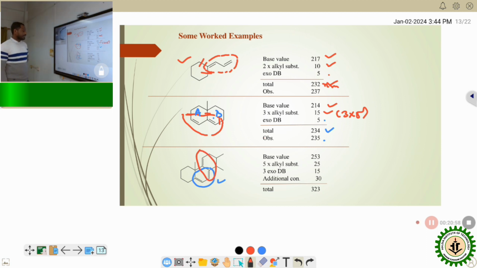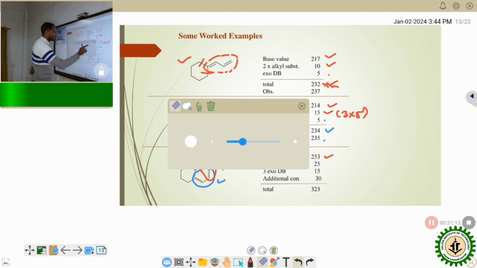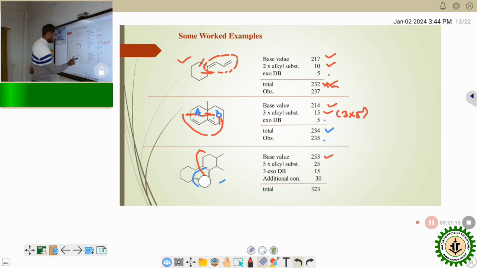In such a case, we take the homoannular diene system and the base value is 253. Now this is the system.